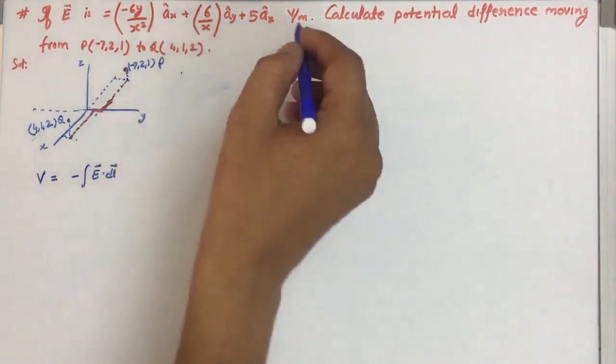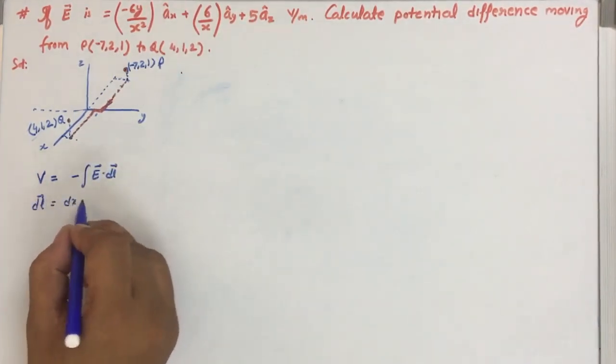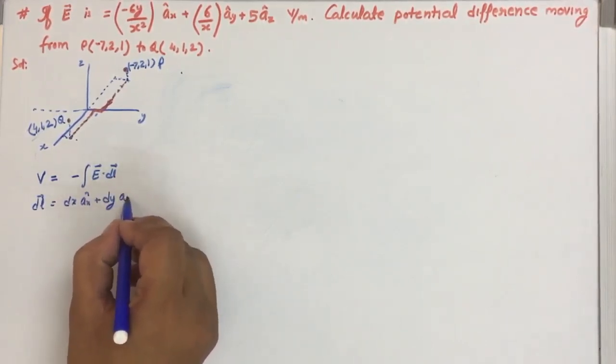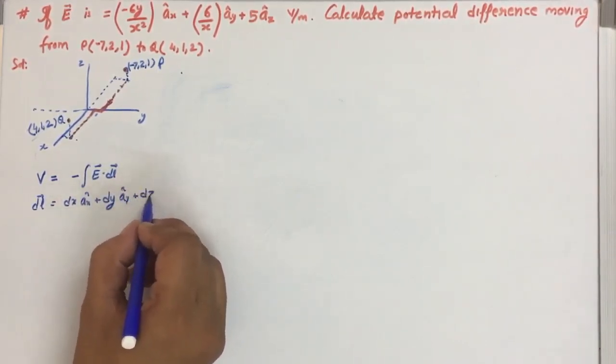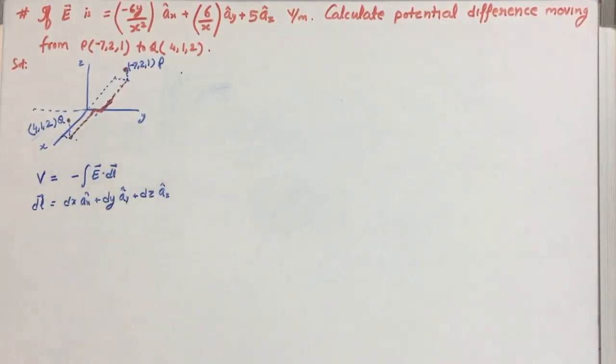And in the Cartesian coordinate system, dl can be written as dx in the direction of x, dy in the direction of y, and dz in the direction of z. So we have to find dl, dx, dy, dz. Okay. So let us do that.